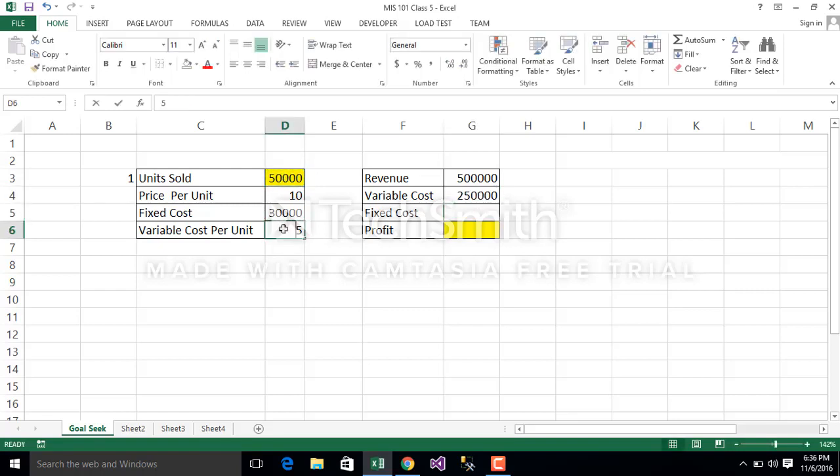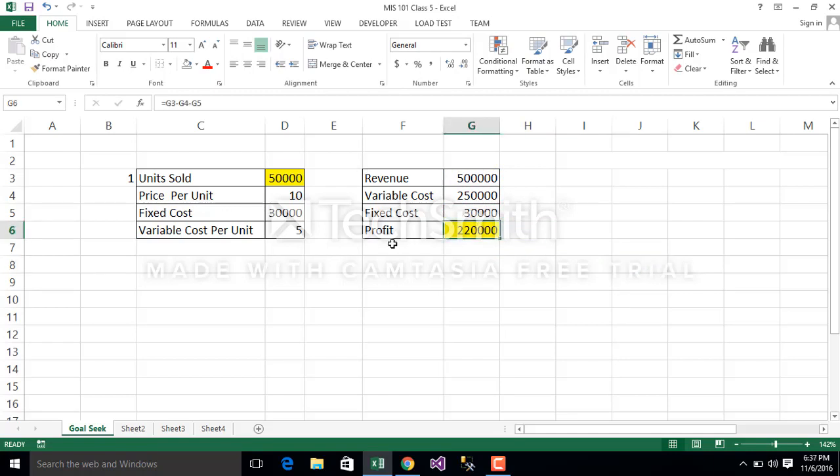Then variable cost equals units sold into variable cost per unit. Then fixed cost 30,000, just use equal and click here, then 30,000 will be there. And then profit equals revenue minus variable cost minus fixed cost. So for 50,000 units, this is our profit.